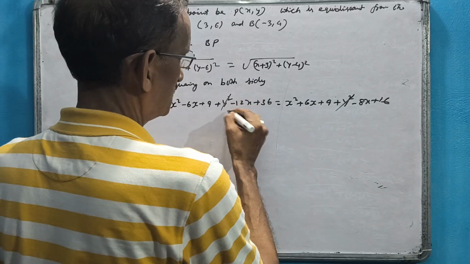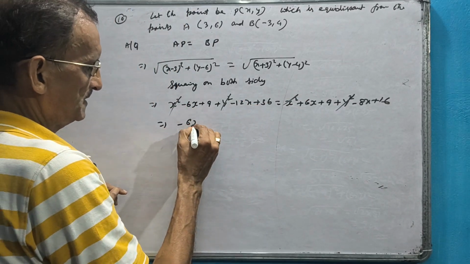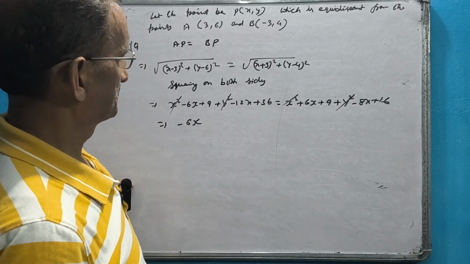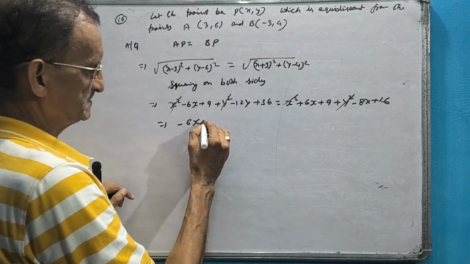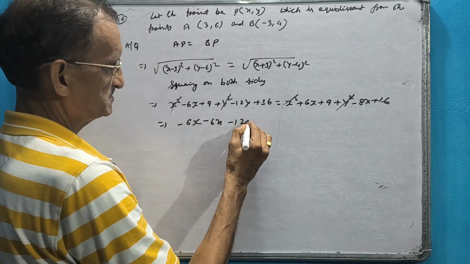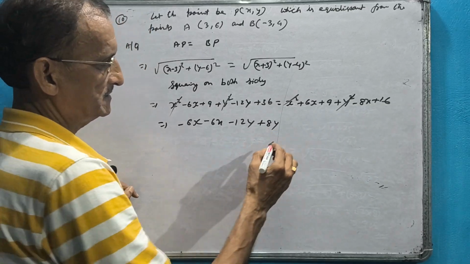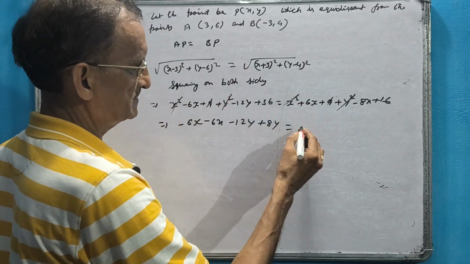So y square and x square cancel. What is left? Minus 6x, minus 12y and plus 8y is equal to, and 9 you can also cancel.